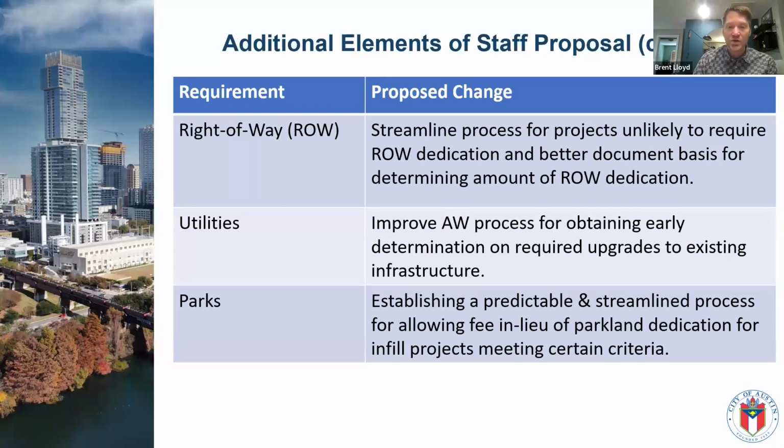Our plan is to use the TARP to focus on proposing changes that are appropriate for the utility issues, specifically the Austin Energy clearances. And Austin Energy has agreed to participate in that process. They're not bound by it, but they are actively engaged in the TARP and will consider recommendations that come out of that.